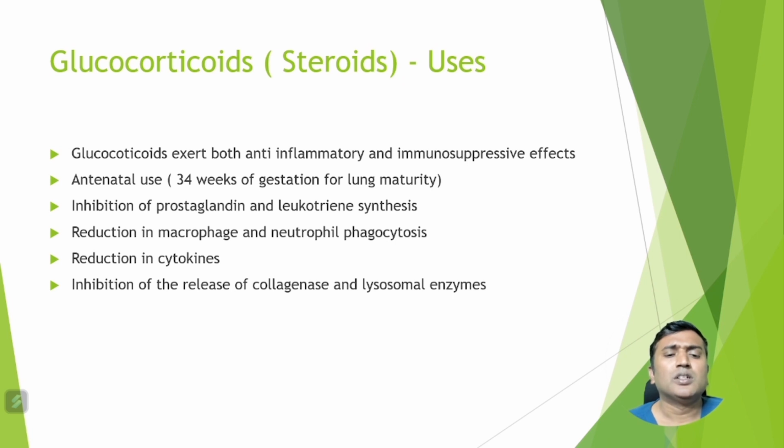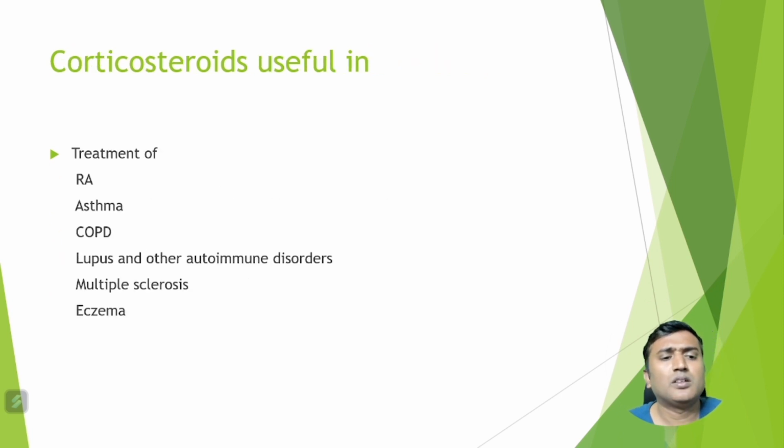But however, to get lung maturity, the minimum gestation is 34 weeks. If any delivery happens with a premature baby, then we can also use glucocorticoids. It is also useful in the treatment of rheumatoid arthritis, asthma, chronic obstructive pulmonary disease, lupus and other autoimmune disorders, multiple sclerosis, and eczema.